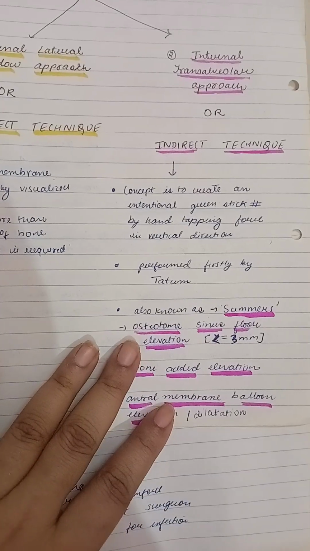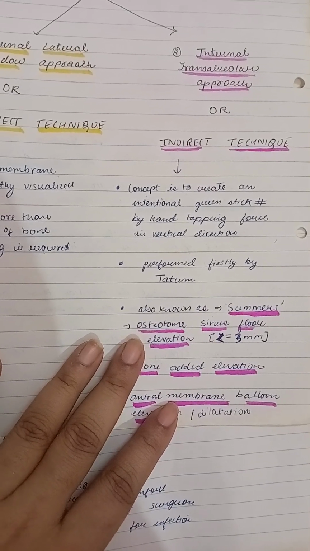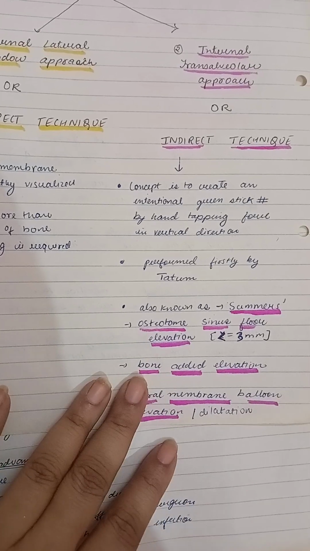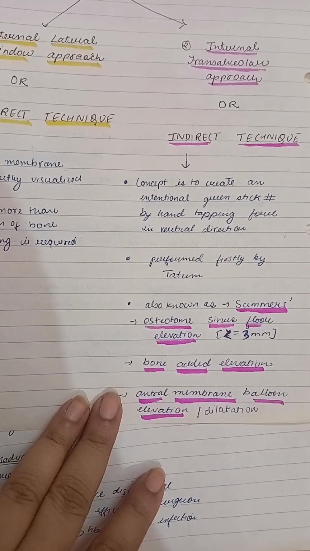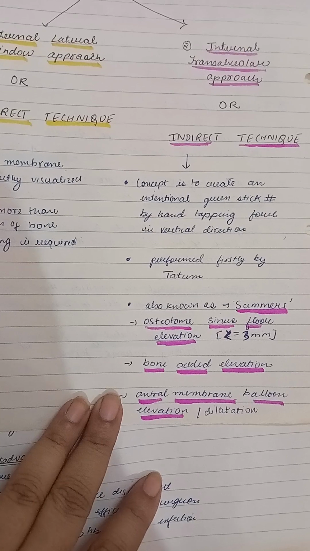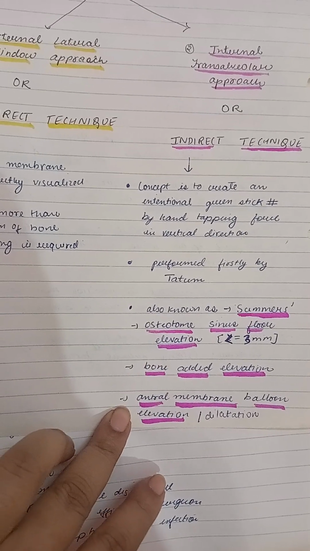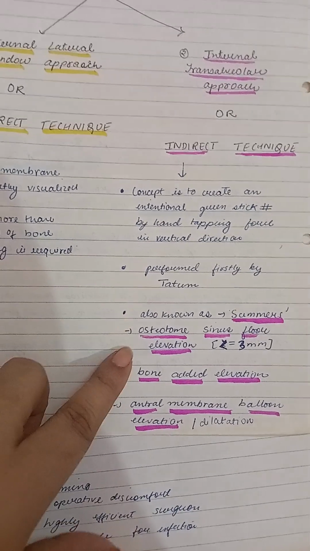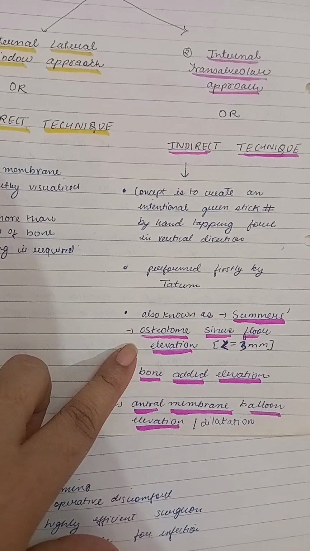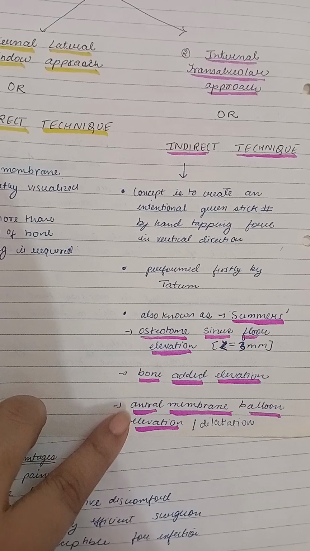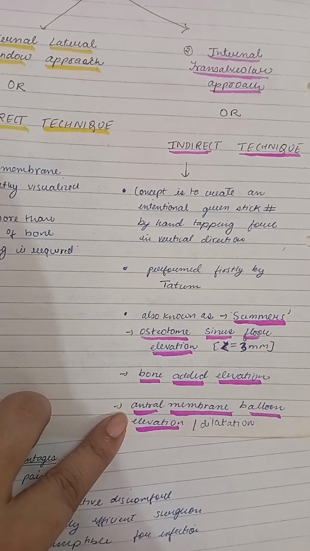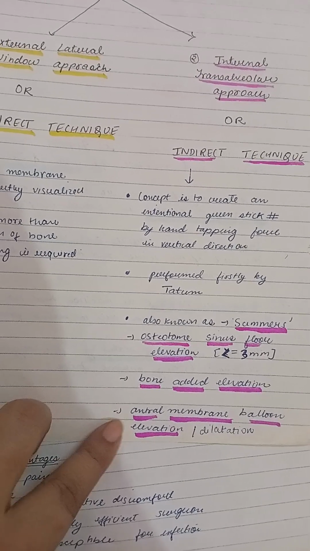It is also known as Summers osteotome sinus floor elevation, bone added elevation, or antral membrane balloon elevation or dilatation. These are all different kinds of indirect technique. Okay, all of these come under indirect technique: osteotome sinus floor elevation, bone added elevation and antral membrane balloon elevation or dilatation.